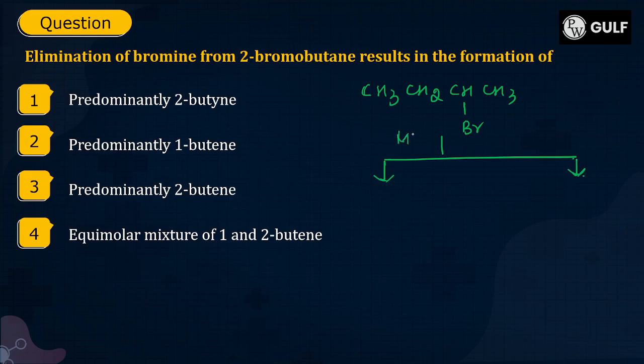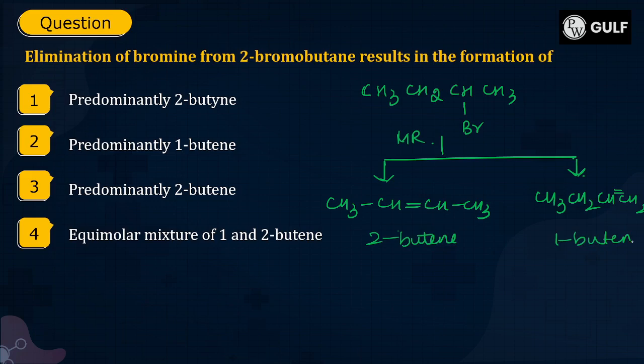According to Markovnikov's rule, you will get CH3 CH CH CH3, and this is going to be CH3 CH2 CH double bond CH2. So this is 2 butene, this is 1 butene, this is the major product, beta, this is minor. So predominantly 2 butene is formed.